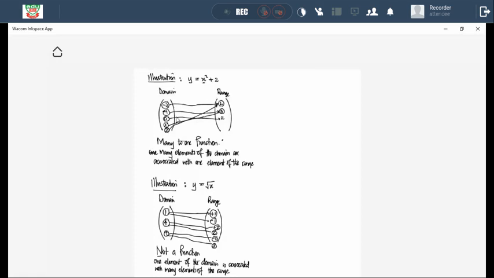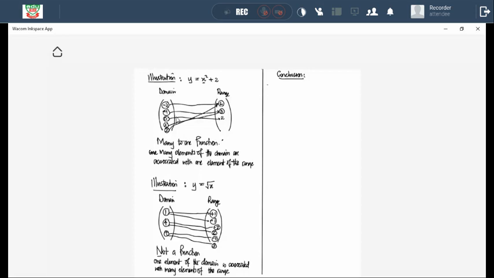Okay. Now, just in terms of conclusion, summarizing what we've gathered there, we are concluding that there are two types of functions. A function can be one-to-one, or a function can be a many-to-one function.